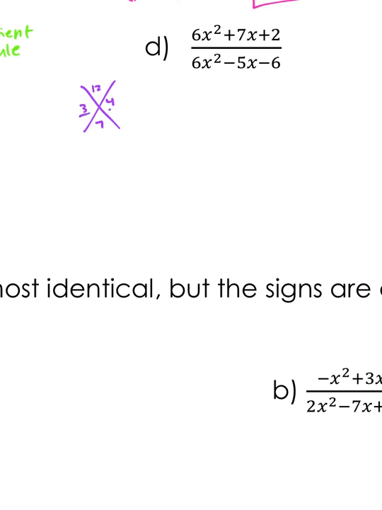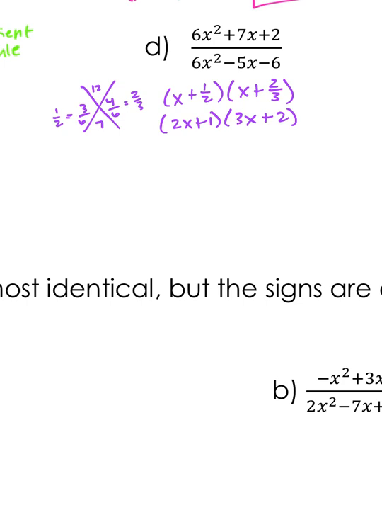And then I'm going to divide them by my a value. That gives me 1/2 and 2/3. So I get x plus 1/2, x plus 2/3. And then I'm going to rewrite those as 2x plus 1 and 3x plus 2. So that is my numerator.